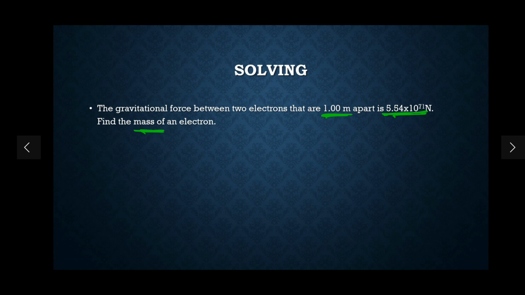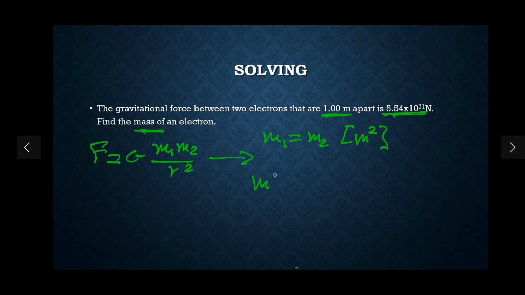We have the same equation, F equals G m1 m2 over r squared. Let's substitute, where m1 equals m2, so we would use m squared. So m squared equals F r squared over G, or m equals the square root of F r squared over G.